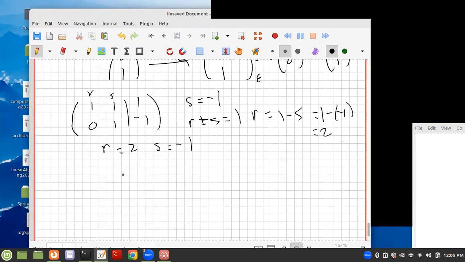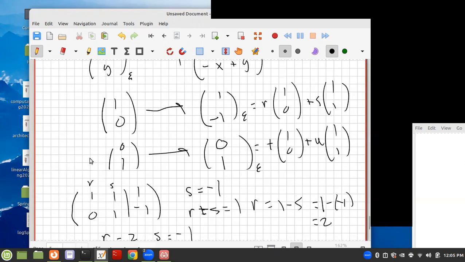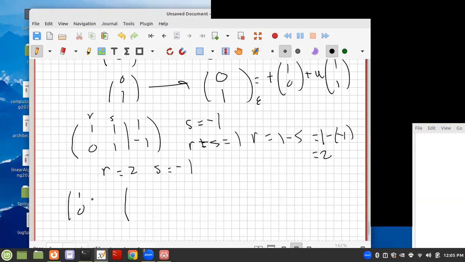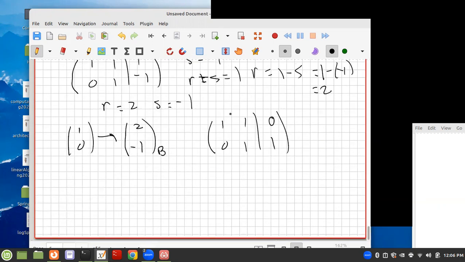So the first column means that 1, 0, this is the vector in basis B, goes to 2, minus 1 in basis B. Then we'd have to do the second one here. We'd have to do 1, 0, 1, 1 times T and U equals 0, 1, I think.